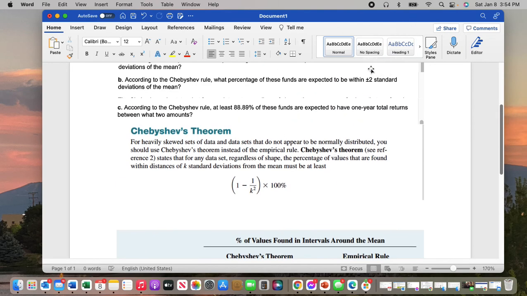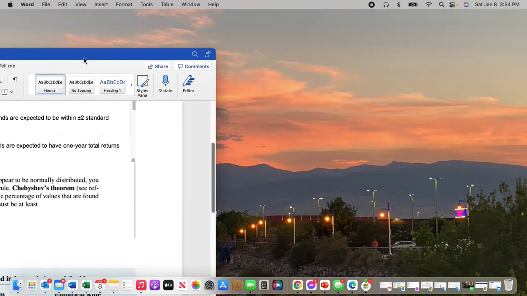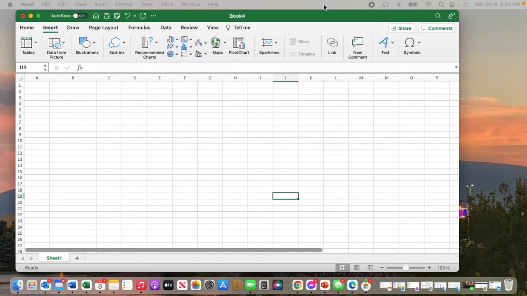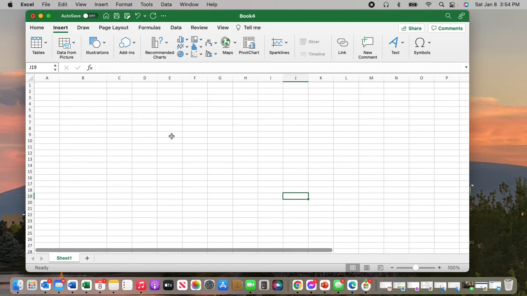Okay, so what we're going to do for this one, we're going to use Excel, because Excel saves the data for us, makes it so much easier to enter any information. So here I have a brand new sheet for Excel. And first thing, we're going to enter the data the problem is giving us.